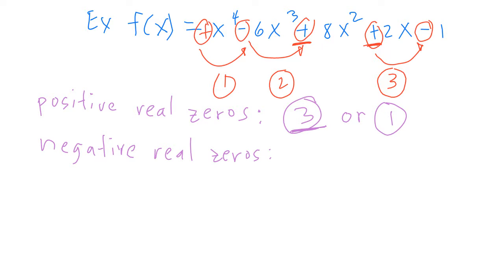Remember, this is our indicator of how many zeros we have for this f of x. So that's 4. So if your answer is 3 for positive real zeros, you have 1 for negative real zeros. So again, it's 1 negative real zero.